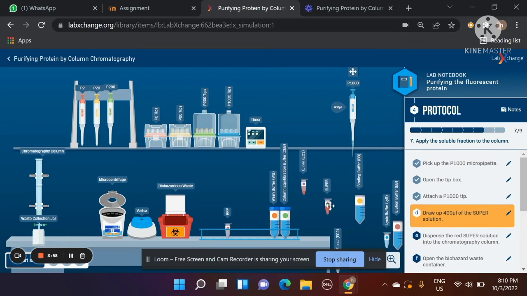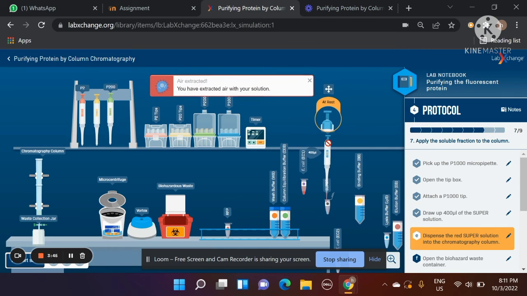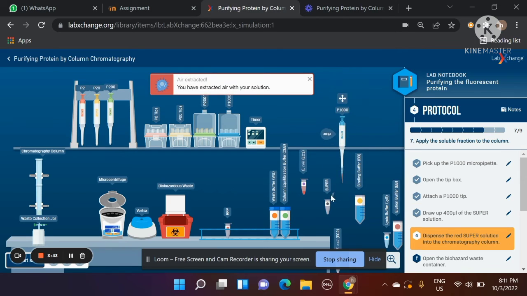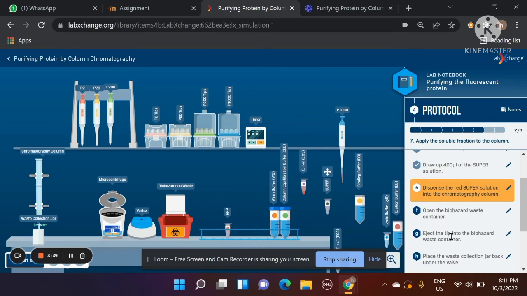Then the super solution is over here. So we have to take that amount. Then dispense the red super solution into the chromatography column.